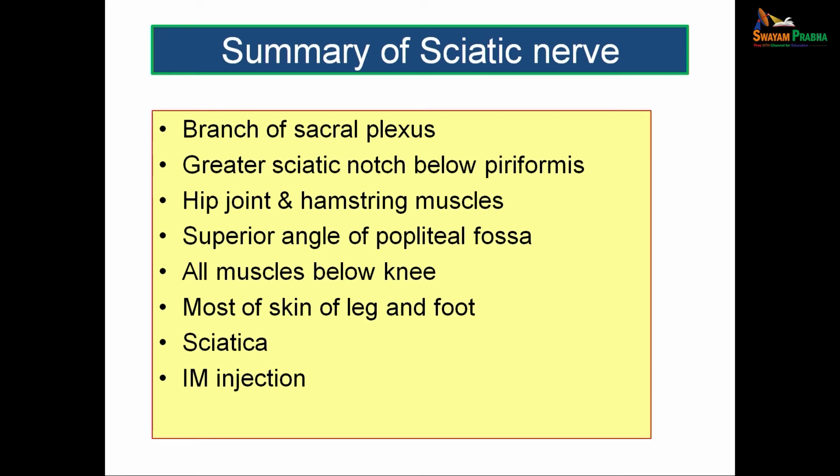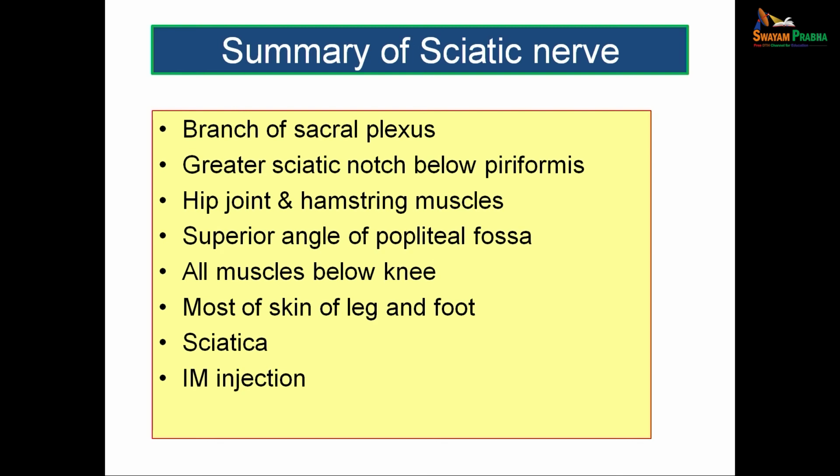It supplies most of the skin of the leg and foot through its terminal branches, except for a small area along the medial side of the leg and the foot up to the ball of the great toe, supplied by the saphenous nerve, which is a branch coming from the femoral nerve. So, the whole of the leg and the foot except for this medial area has loss of sensation, or has anesthesia.